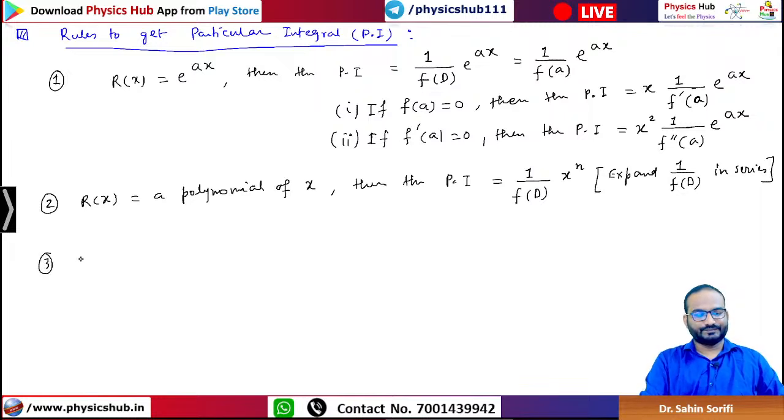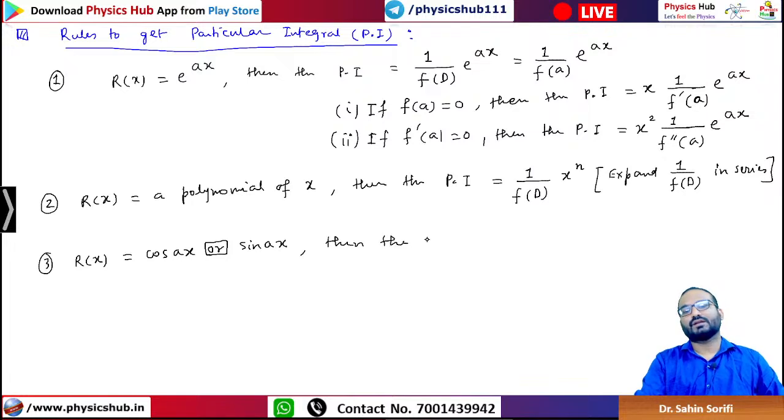Third case, let us say if Rx is some cos or sine, cos Ax or sin Ax, in both cases the formula will not be changed, same. Then the particular integral will be 1 upon f of D square. Look, this is a little different.